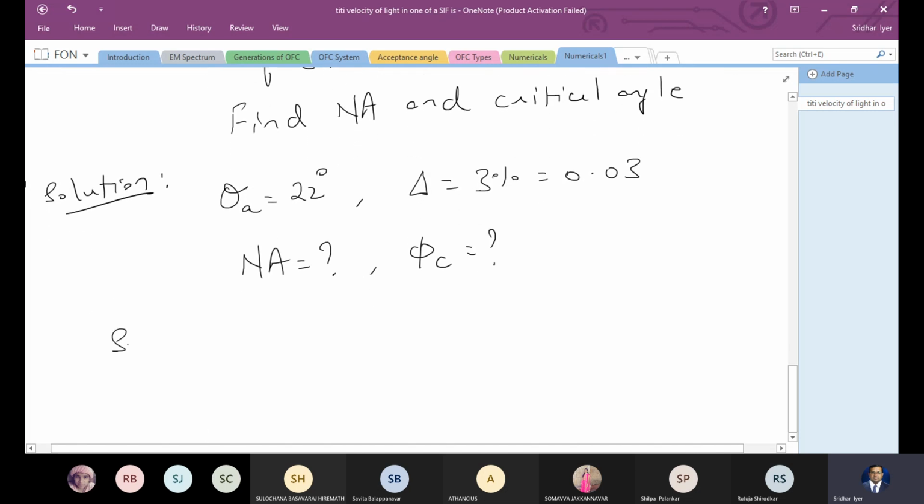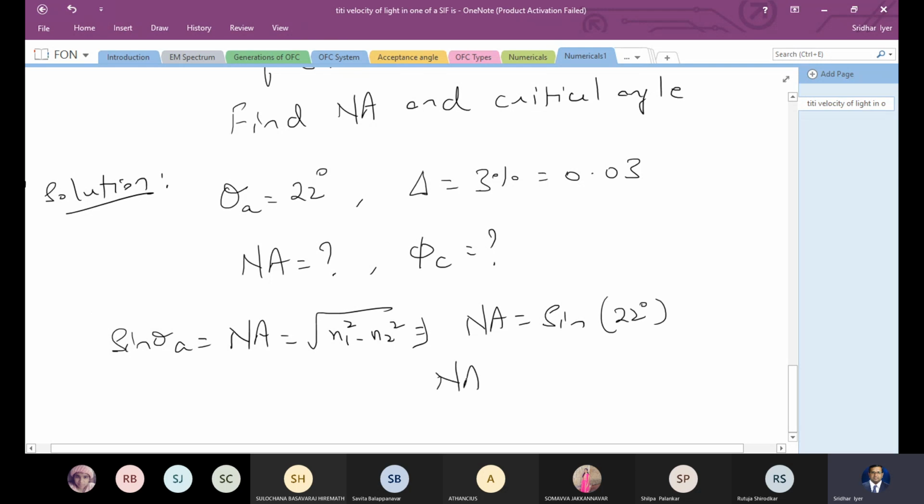I know that sine theta A is Na, which is also root of n1 square minus n2 square. Therefore, Na will just be sine theta A, and theta A is 22 degrees. So with this, the Na that I get is 0.374.